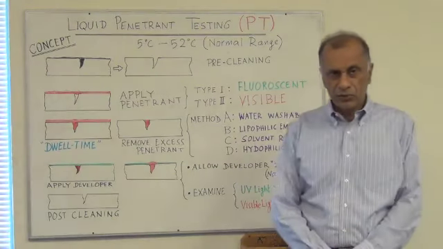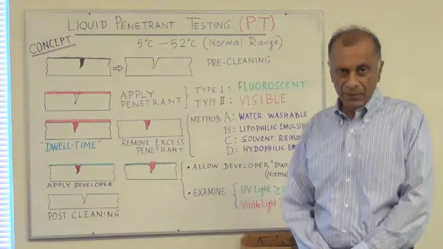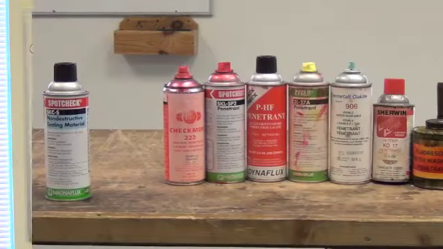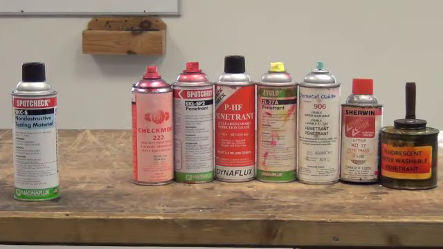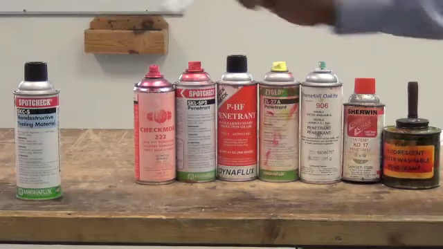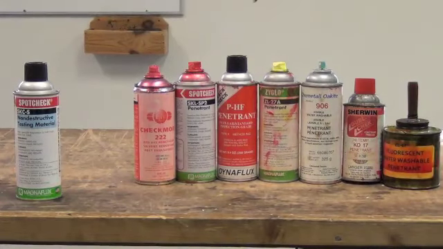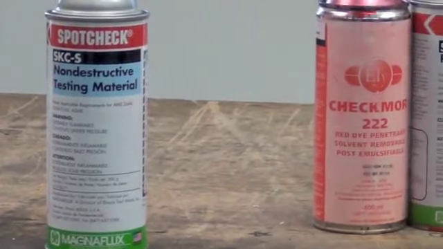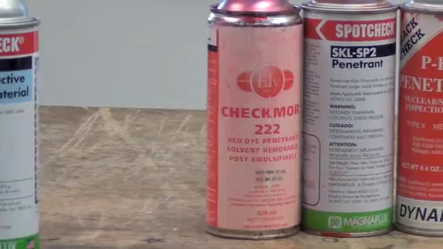And now I will show you the penetrant materials that are used for this inspection. The three main items for liquid penetrant testing are cleaner, penetrant, and the developer. Here is one of the cleaners, and here I have a number of liquid penetrants of different brands from different companies.